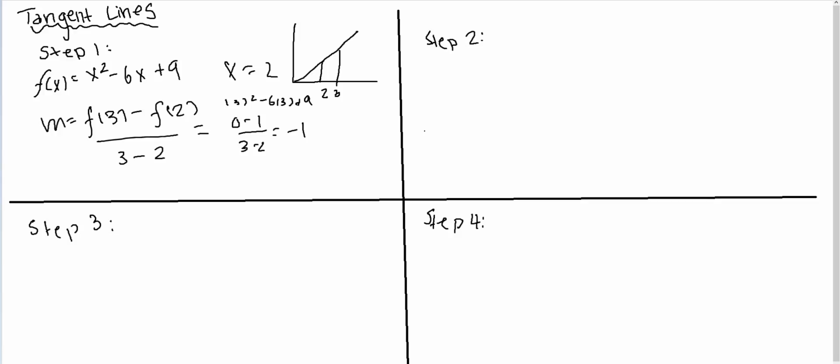Next we're going to approximate the equation of the slope of the tangent line. That is given by m is equal to f of x minus f of 2 over x minus 2. Now, in order to understand this, we have to go a little bit deeper into calculus, but I'll give you a little hint.